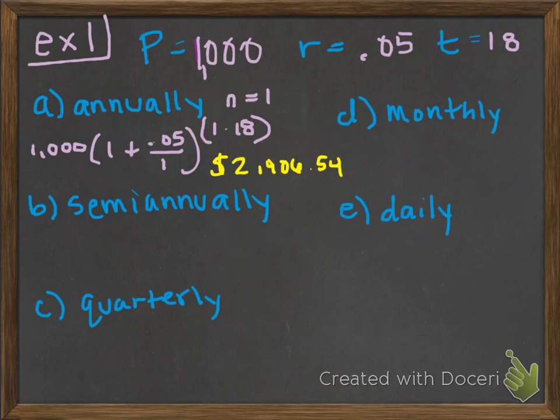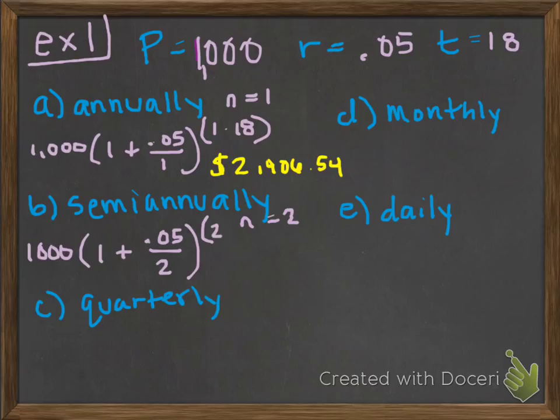Letter B says compounded semi-annually. So what's really only going to change is your n value. n is now 2. So we would have 1,000 times the quantity of 1 plus 0.05 divided by 2, raised to the 2 times 18. Notice the n changed from 1 to 2. It changes in both spots there.